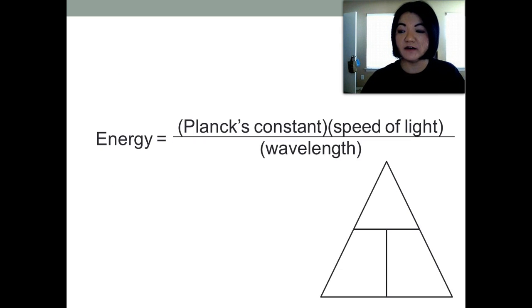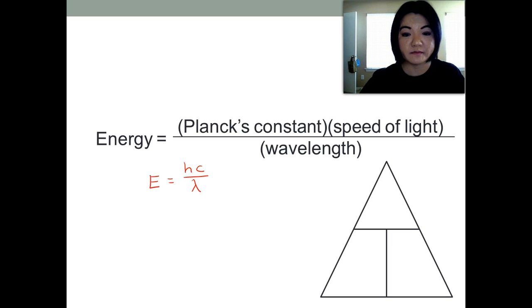And finally we have a combined formula where we combine the two formulas that were already talked about in the last two slides. So this is energy equals Planck's constant times the speed of light over wavelength, or E equals h times c over lambda.